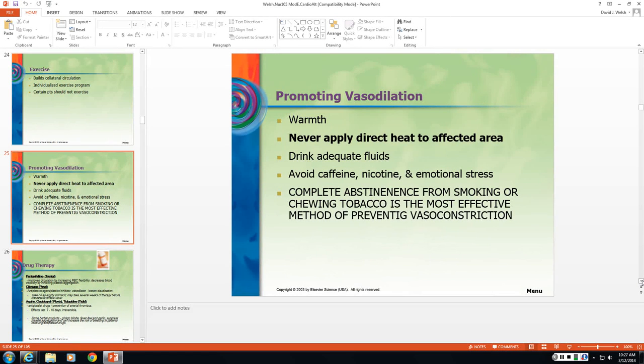You want to avoid caffeine, nicotine, any kind of emotional stress. You also want to teach them complete abstinence from smoking or chewing tobacco. Usually this is the most effective method of preventing any kind of vasoconstriction.